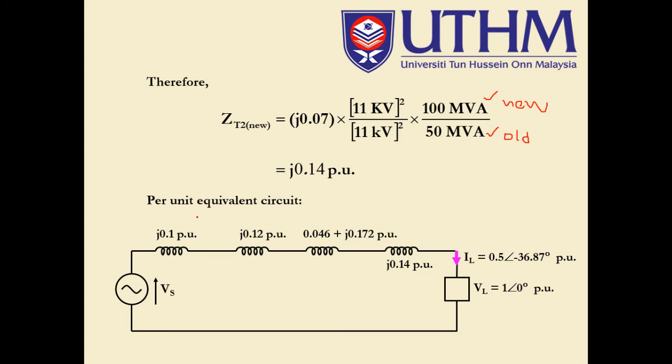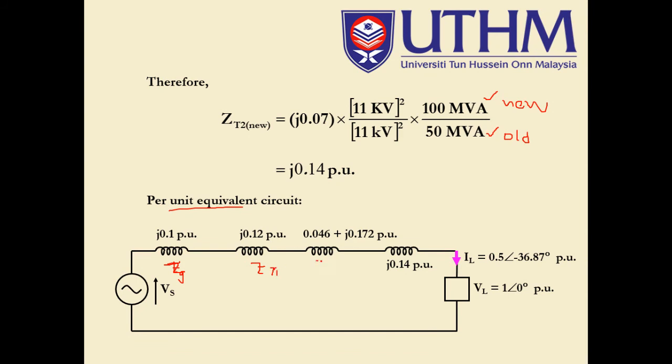So having all those values, now we come to the per unit equivalent circuit. Now we can plot the impedance equivalent circuit. So j0.1, this is for the ZG. And then this is transformer number 1.